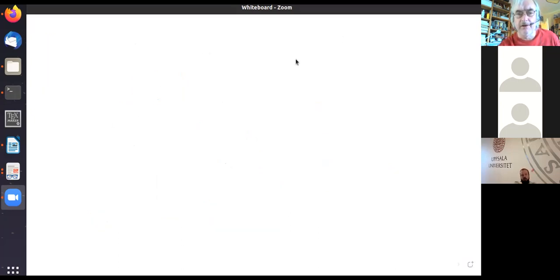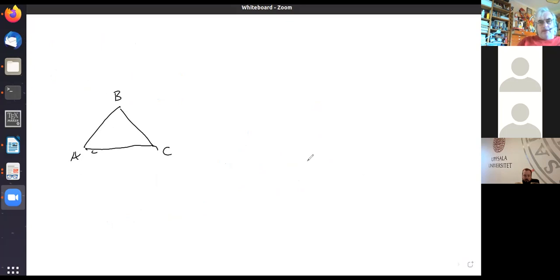Let's take another example. A triangle. Are there any symmetries present in the triangle? Well, if we rotate one third turn around, say, I'll make a triangle here, so then we will get A, B and C, and then another one.